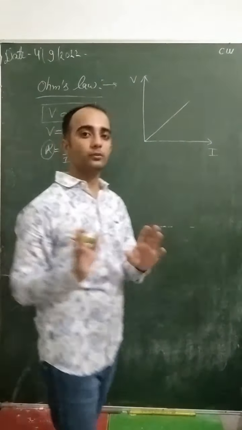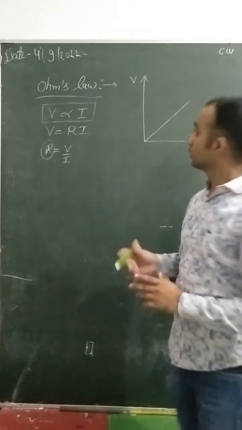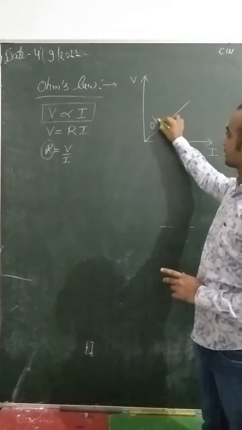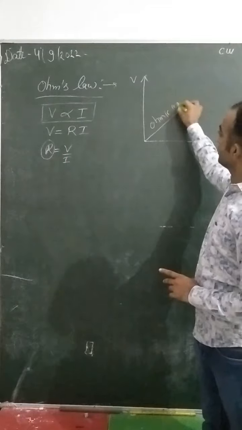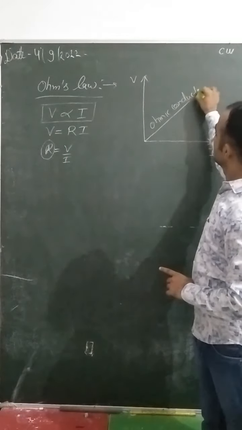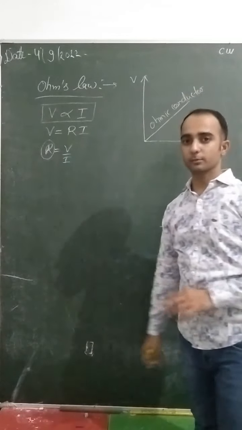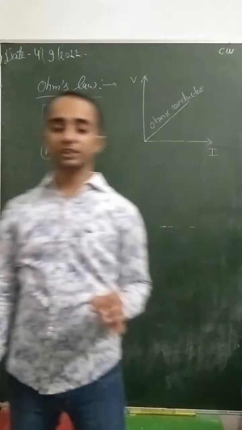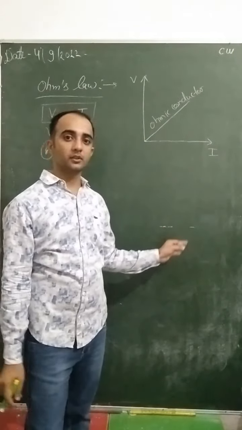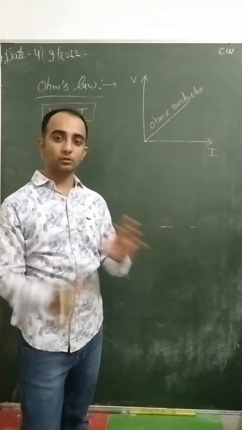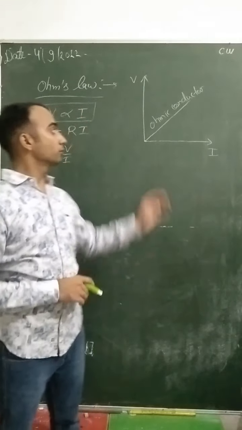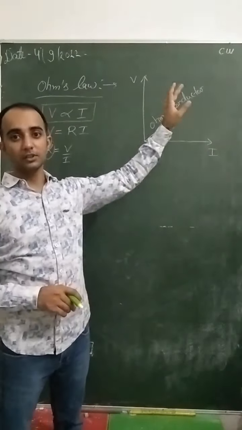The VI characteristic of Ohm's law is a straight line for ohmic conductors, like all metals at low temperature. If you plot a potential difference versus current graph for an ohmic conductor like metals at low temperature, you will find a straight line in the graph.